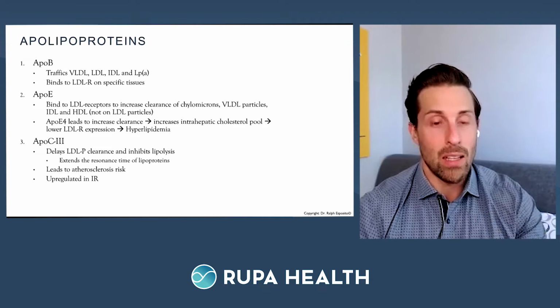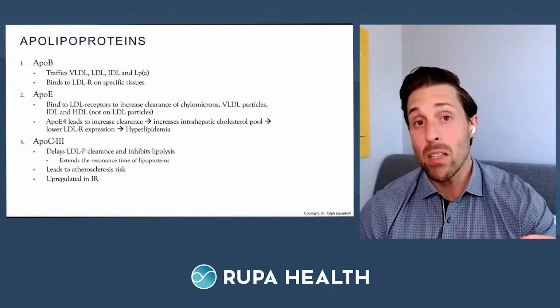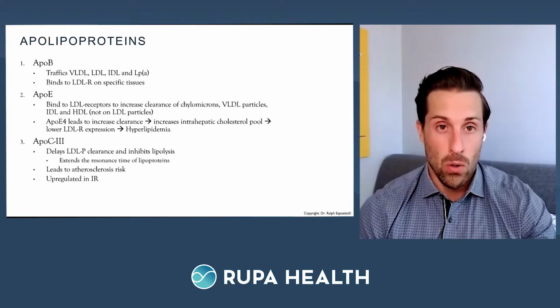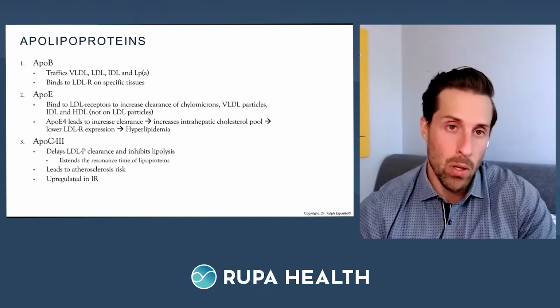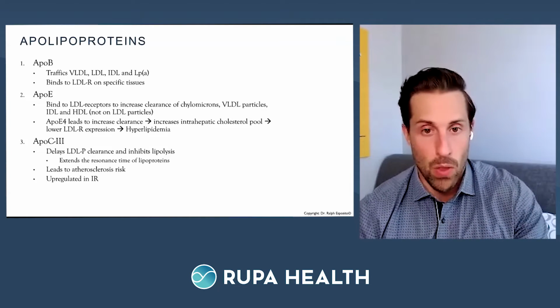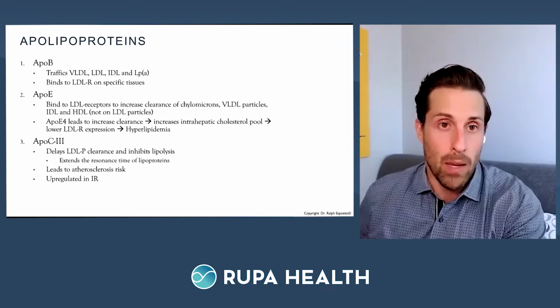But one thing to understand, and we'll come back to this, is that ApoE helps increase clearance of lipoproteins. So it helps the liver take up these lipoproteins, bring them in, metabolize them, do whatever it needs to do with them, which is going to be influenced largely by what I call the metabolic microenvironment.